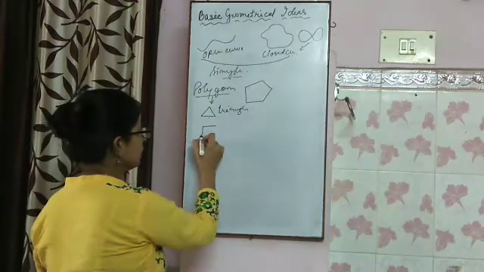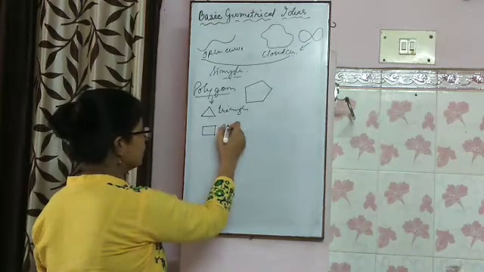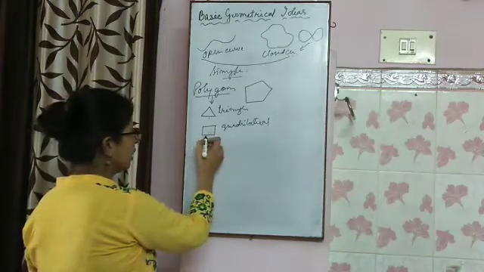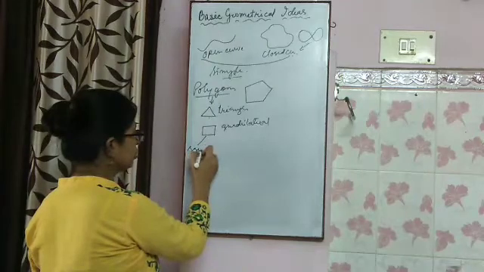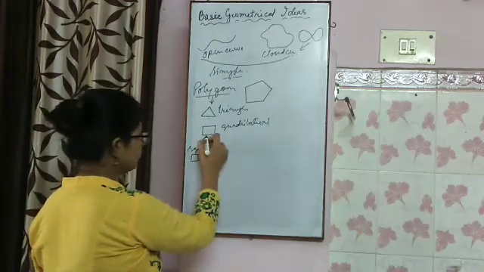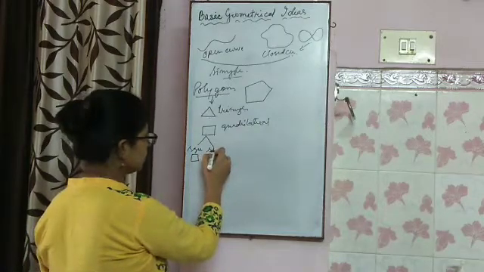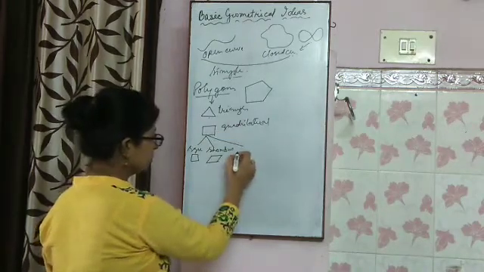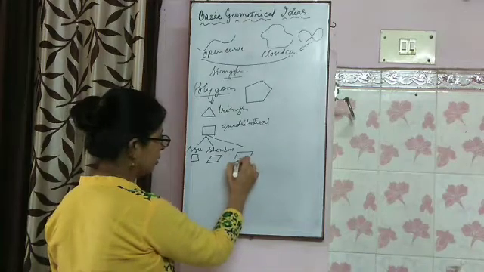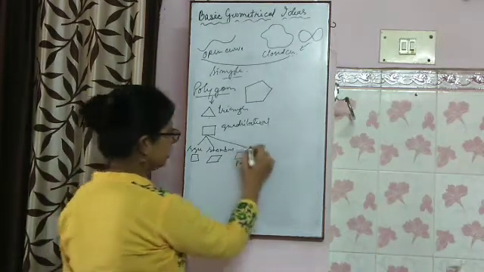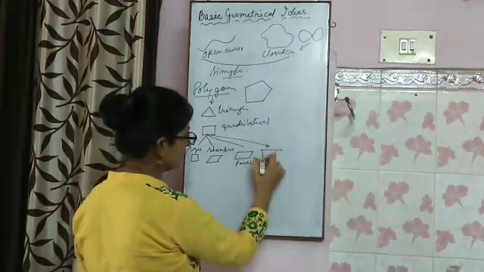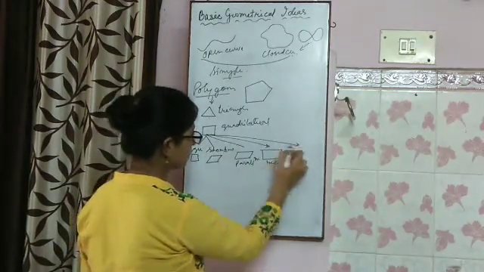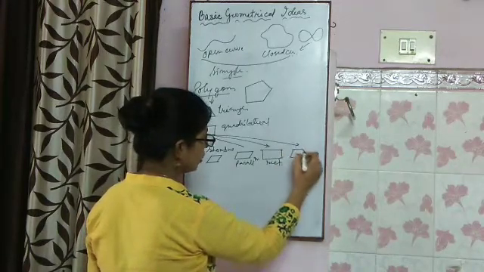Then if it has 4 sides, a quadrilateral. A quadrilateral has many patterns, like a square, which is of this shape, then a rhombus, this shape, then a parallelogram, it's of this shape, then a rectangle, and a trapezium.